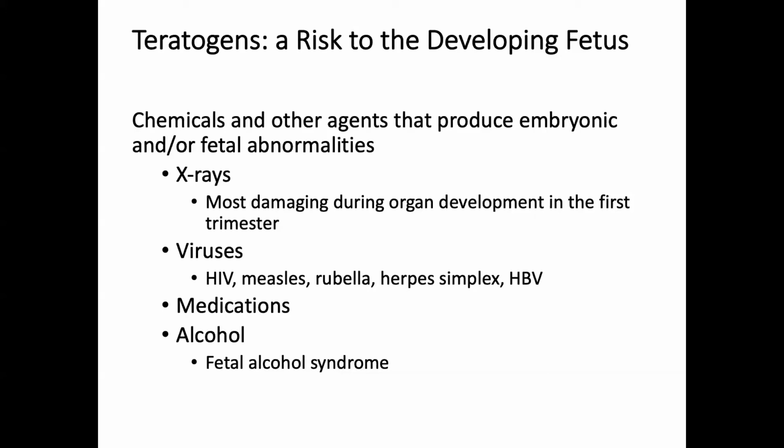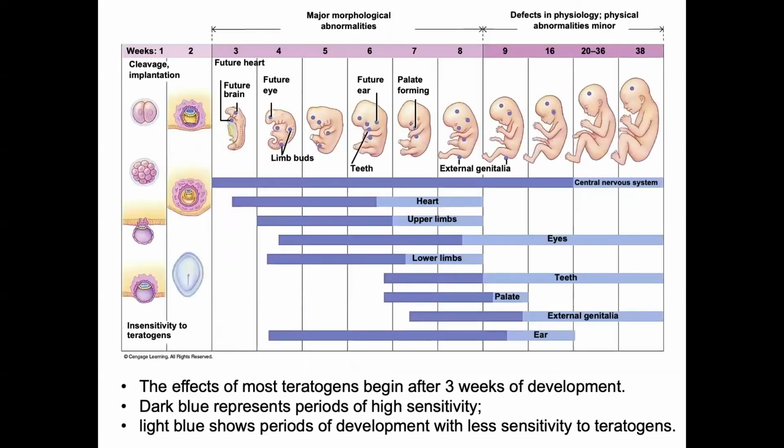Okay, now let's take a look at how these teratogens affect embryonic development. The effects of most teratogens begin after 3 weeks of development.